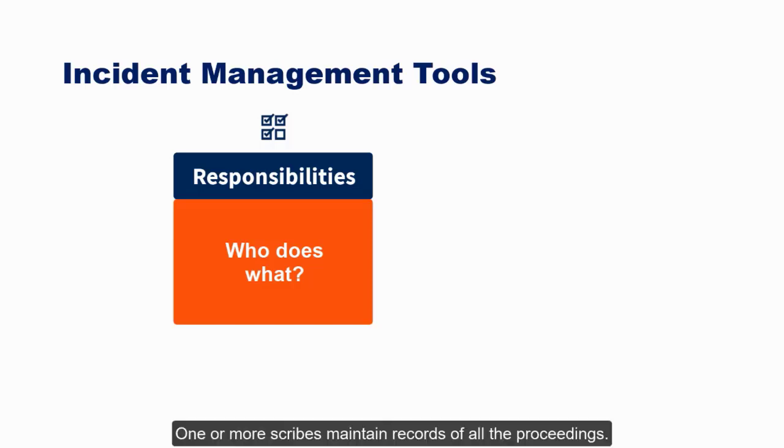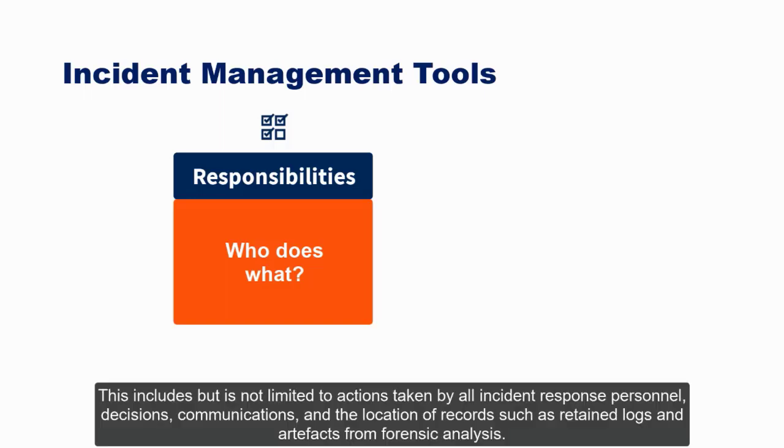Scribe. One or more scribes maintain records of all the proceedings. This includes but is not limited to actions taken by all incident response personnel, decisions, communications, and the location of records such as retained logs and artifacts from forensic analysis.